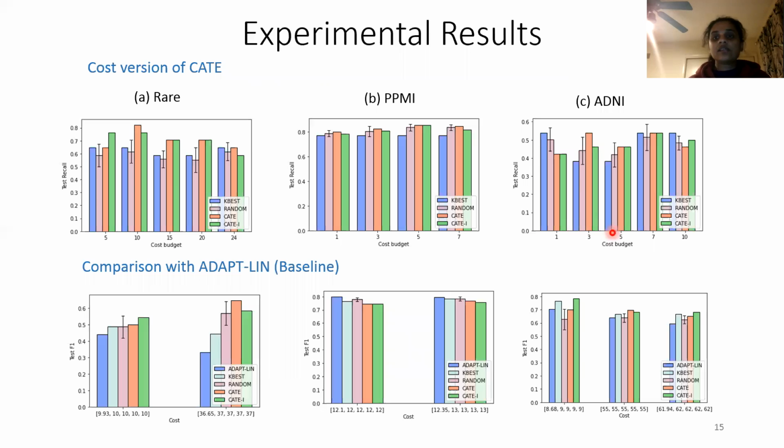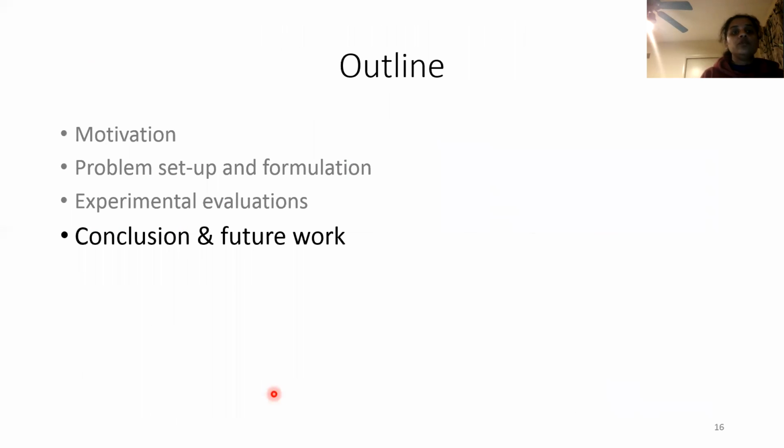And this is mostly because in this middle zone budget, the maximum diversity in features is obtained. We also compare Kate against AdaptLin, and we see that it performs better or at par with AdaptLin for most of the data sets.